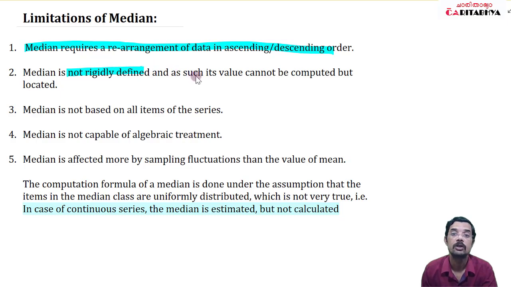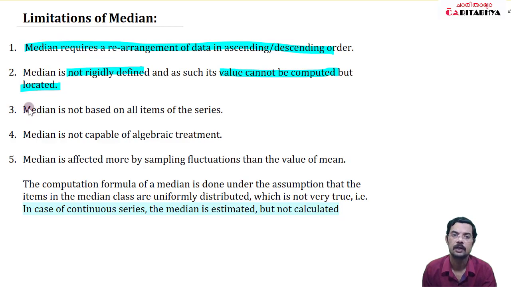It is dependent only on the position, not on the value of the observations. Its value cannot actually be computed, but only located, because it is a positional average. Any observation which occupies that position will become the median.